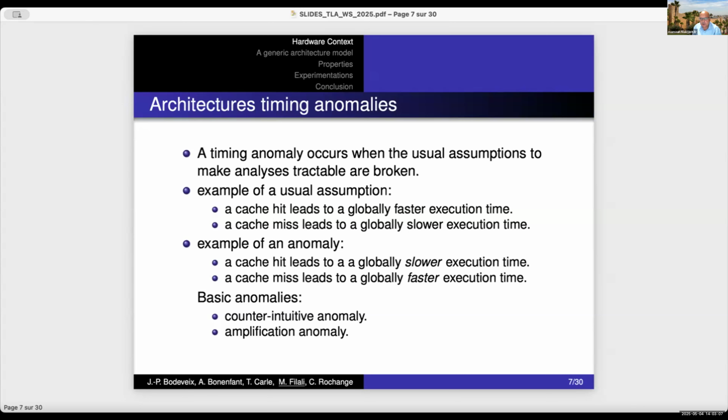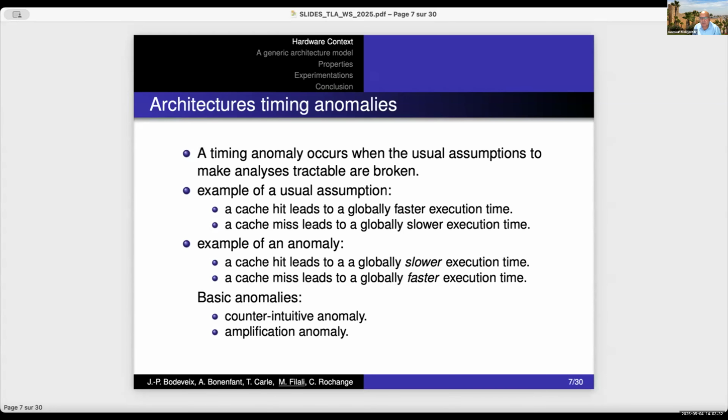For these architectures, in order to make analysis more tractable, we have a phenomenon that is usually called timing anomalies. A timing anomaly occurs when the usual assumptions made to get tractable analysis are broken.